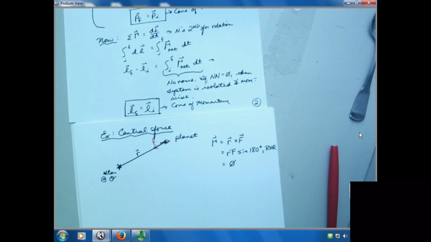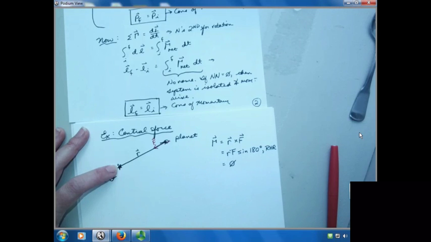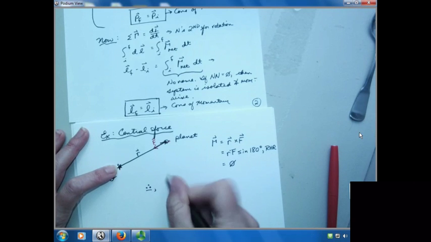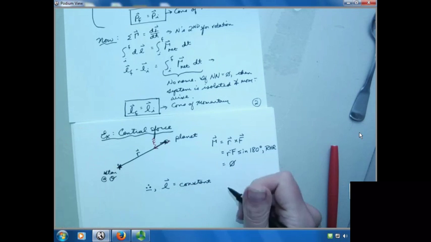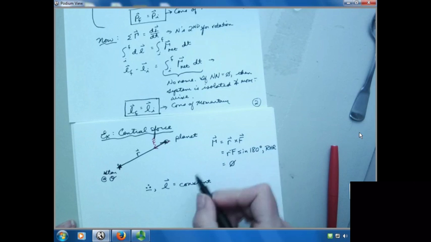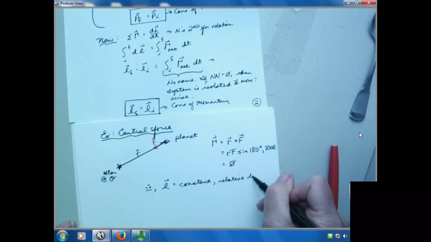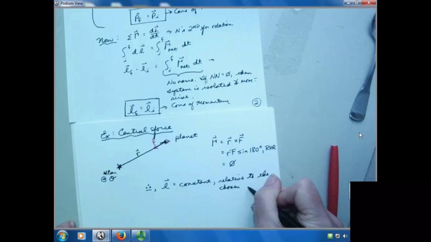And so because if I choose this origin the torque is 0, then relative to this origin, the angular momentum of that planet is constant. And I should note that this is only true relative to the chosen origin.